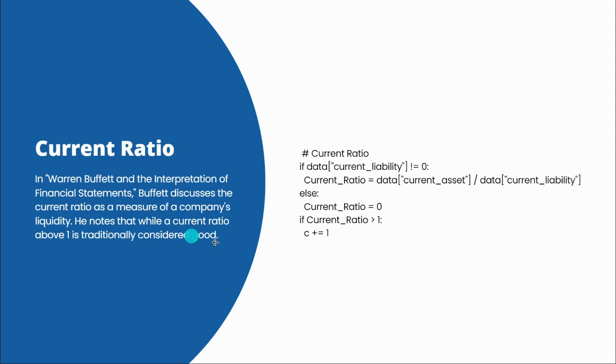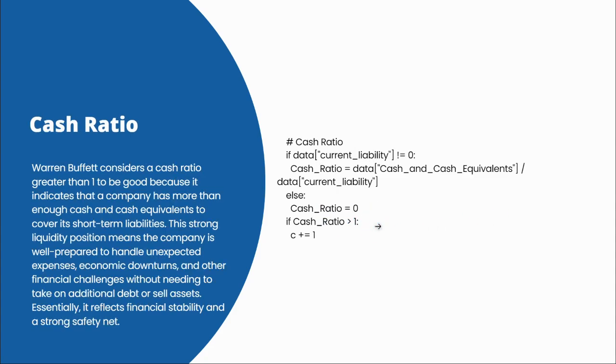But we decided to go with 1 as a traditional way of valuation. And here we have current assets divided by current liabilities, and it should be more than 1 to pass this test.